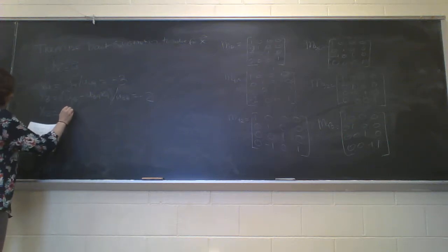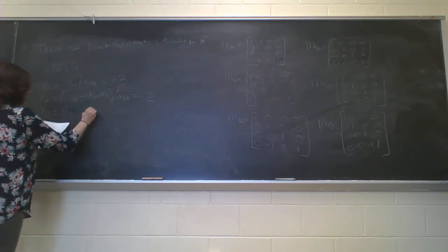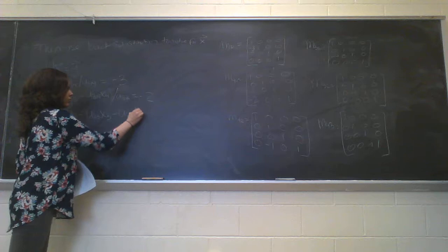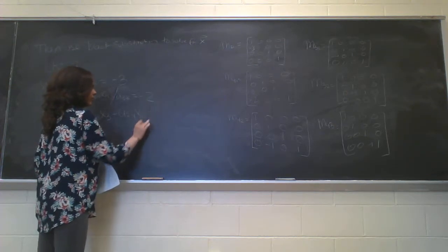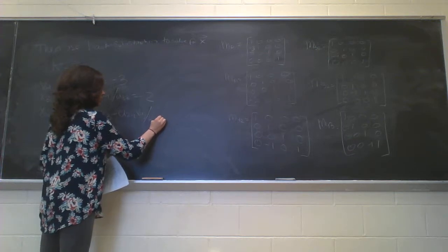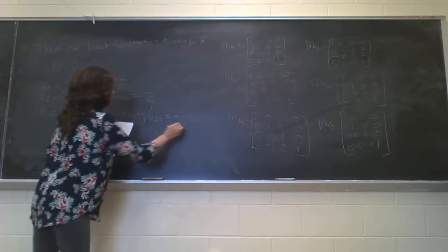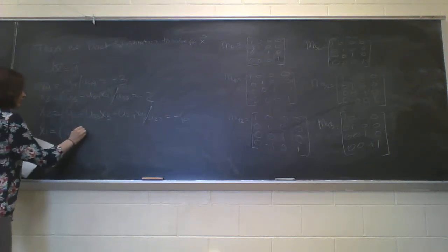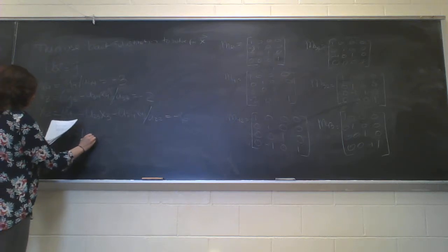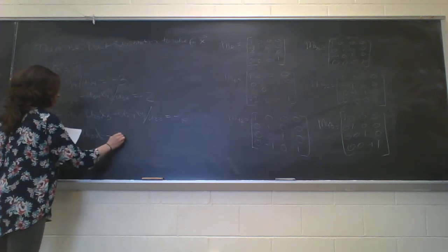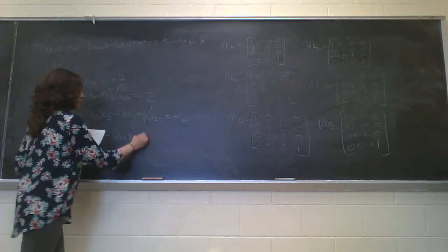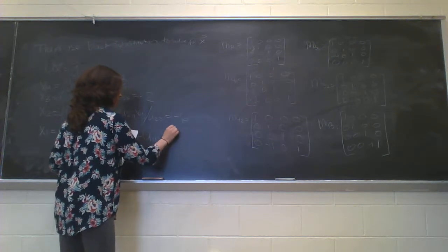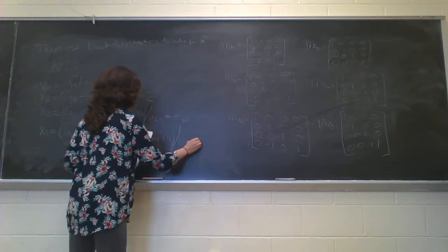And then x2 is y2 minus u23 x3 minus u24 x4 divided by u22, that's -6, and then finally x1 is y1 minus u12 x2 minus u13 x3 minus u14 x4 divided by u11.